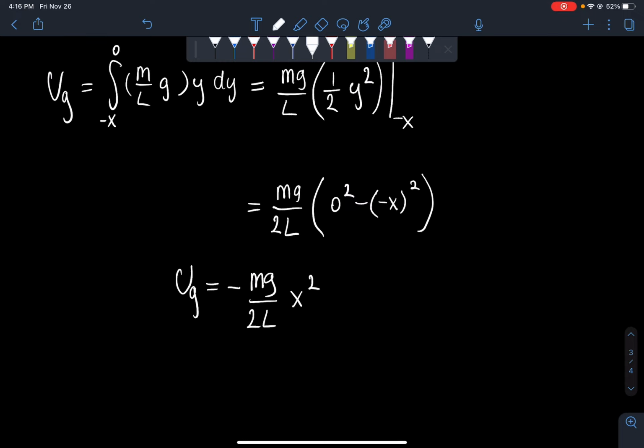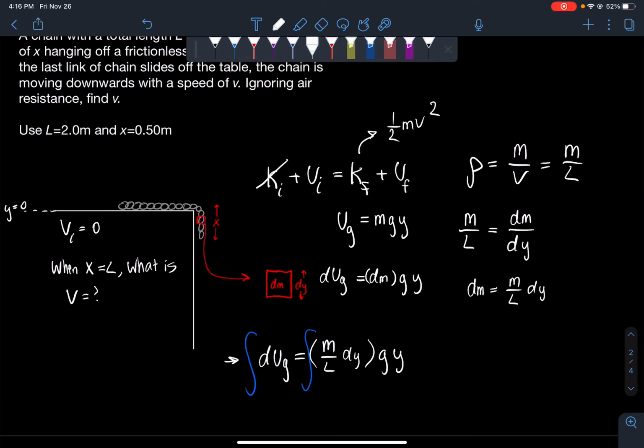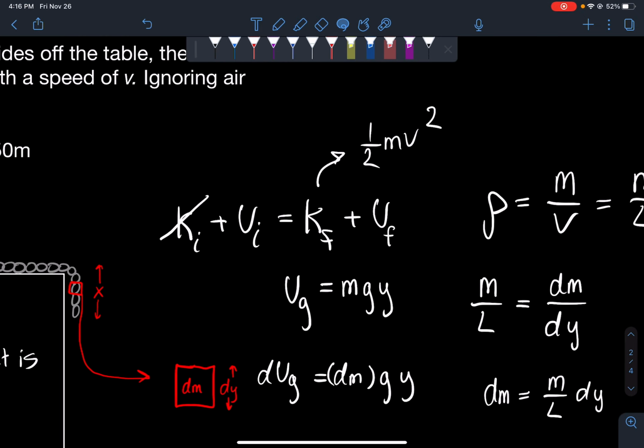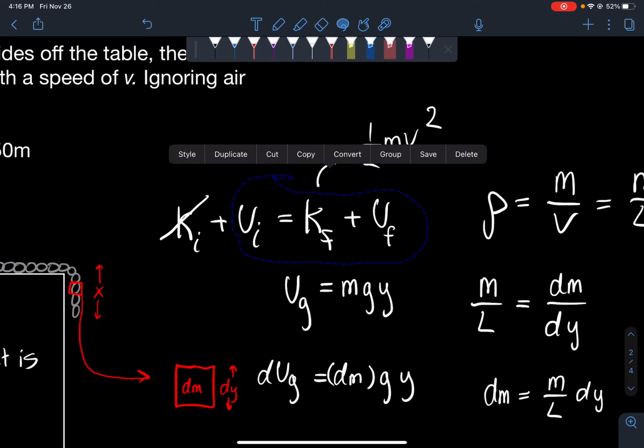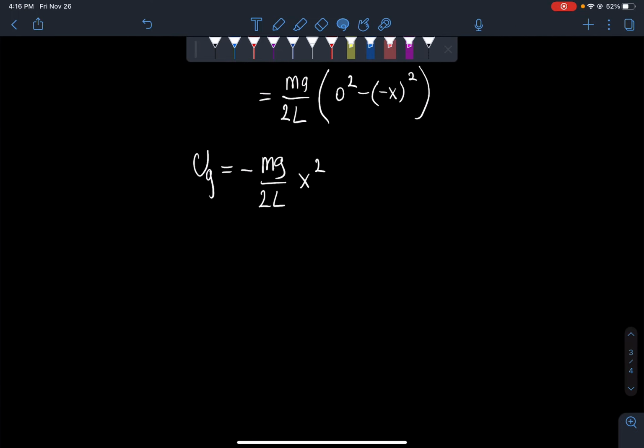So now we have a formula for potential energy that relates x and L. So now the next step is to come back over here. What we really wanted was to find an initial and a final expression for the potential energy. So we still have a little bit of reasoning left.